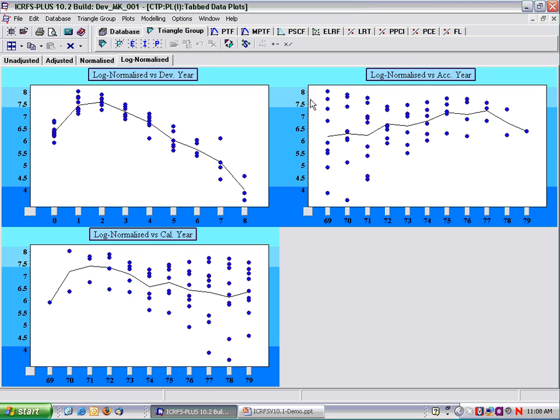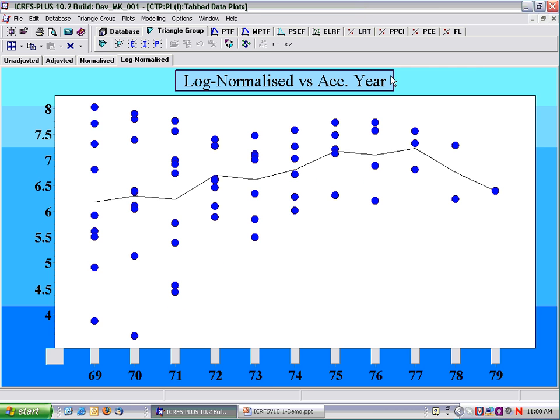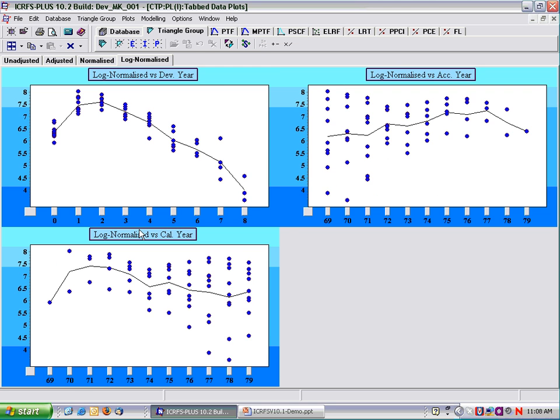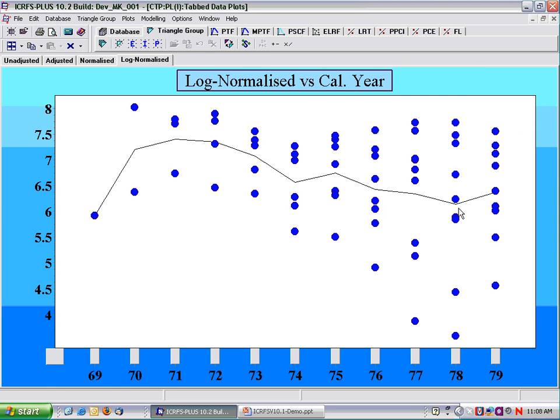Along the accident years, we've measured the average level, which represents the average of all these observations. So it's the best flat line which is as close as possible to all these points. And along the calendar years, we've measured the average trend, which you can see might be slightly negative, approximately 0.